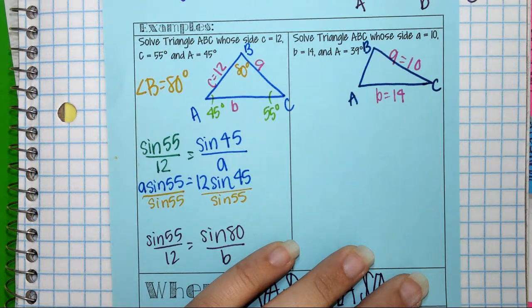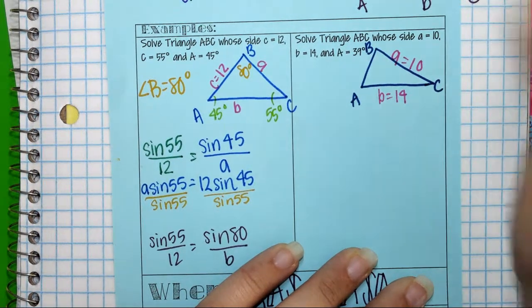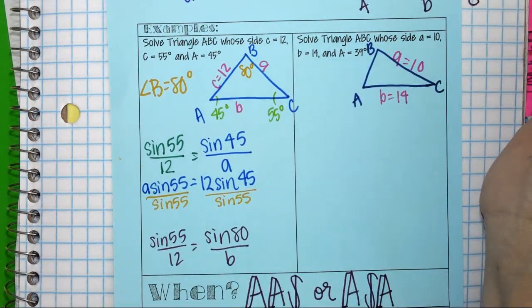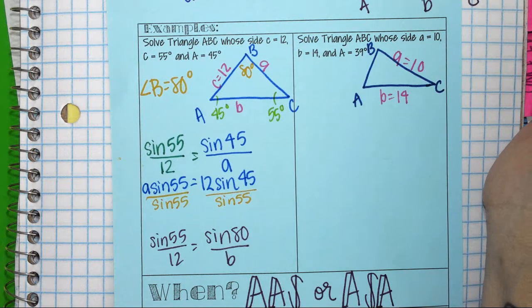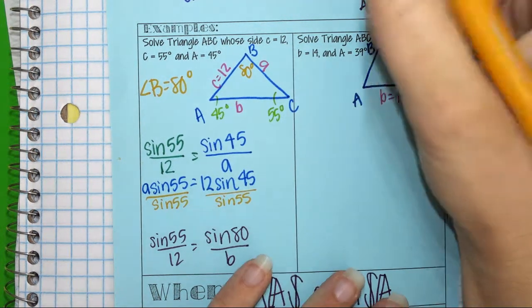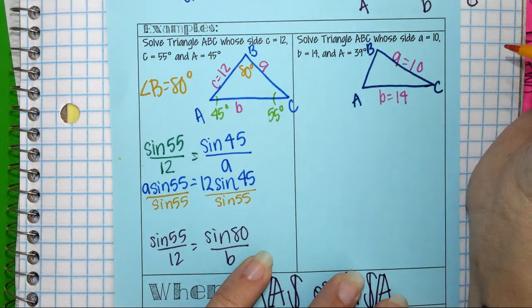Did I write that right? Oh, I wrote it wrong. Something's off, because we can't be an angle side side.